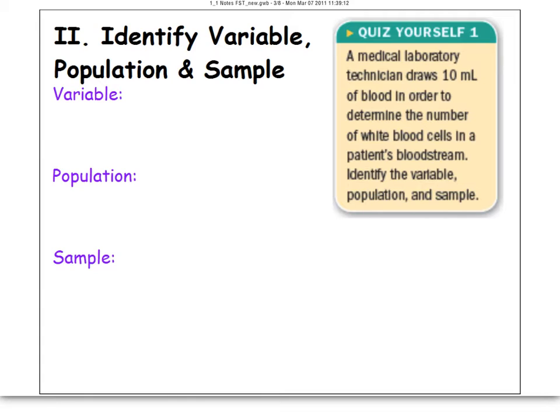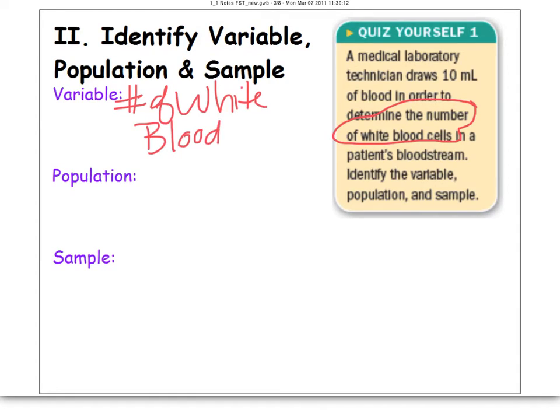Now, as we read it, we want to determine the number of white blood cells. So that is the variable, the number of white blood cells. It's what they're going to be measuring. Now, what is the sample and what's the population? If you look at the first thing, you might see the sample a little more clearly. The technician draws 10 milliliters of blood.